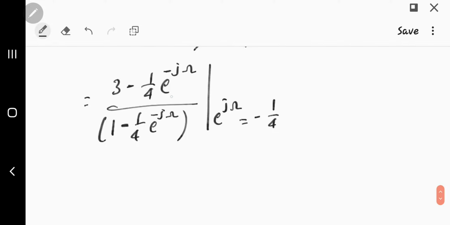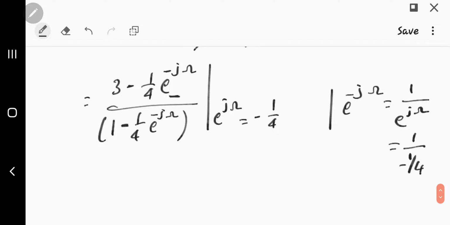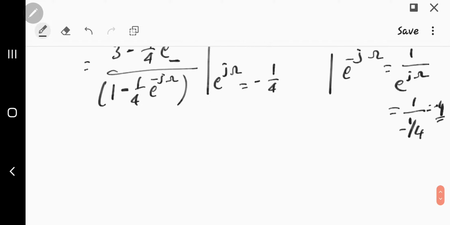Here you observe we have e^(-jω), which can be written as 1 by e^jω, so the value will be 1 divided by minus 1/4, that is equal to minus 4.